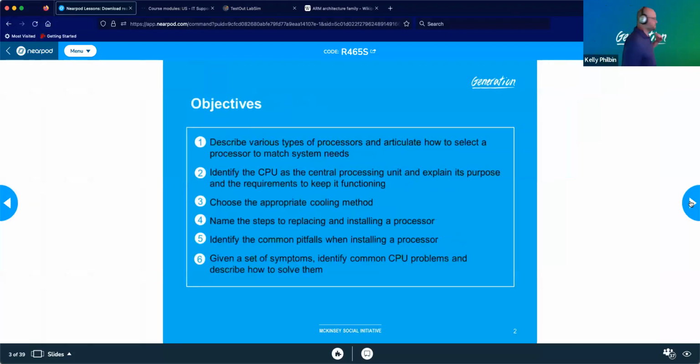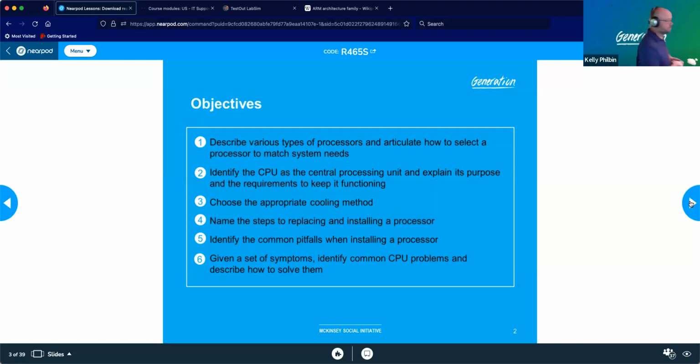So our main objectives, how we're going to work through this, is we're going to describe various types of processors and articulate how to select a processor to match your system needs. We're going to identify the CPU as the central processing unit. We're going to explain its purpose and the requirements to keep it functioning.